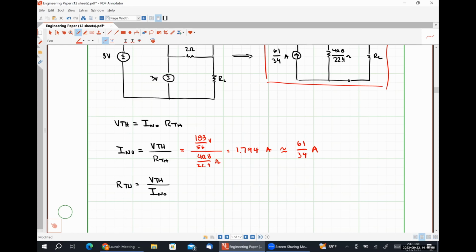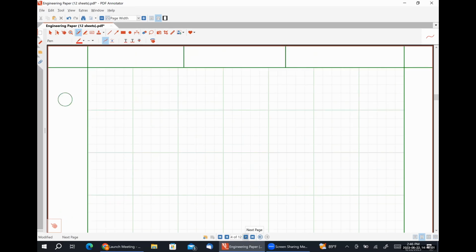So let's work one more example problem, and then I'll let you guys go a little bit early today. So let's say that we have the following circuit.